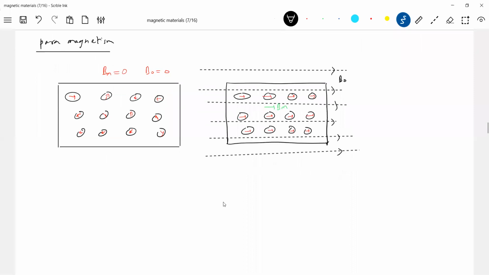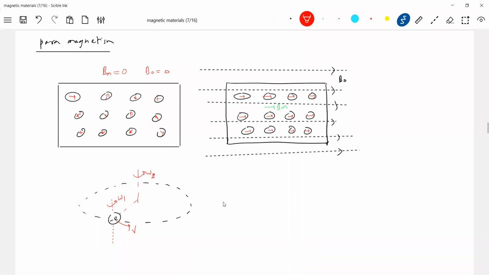I'll give a small rough diagram. Even the spin contributes to the magnetism here. Both the spin of the electron and the angular velocity of the electron are responsible. Call these omega 1 and omega 2. Both these angular velocities are responsible for this Bm.